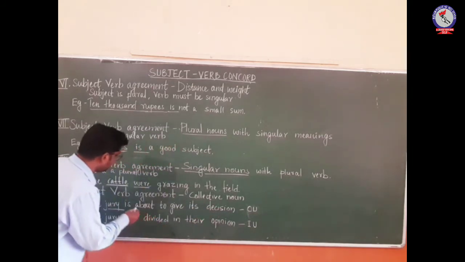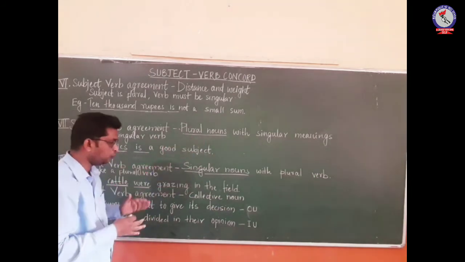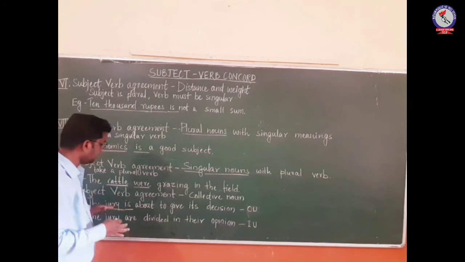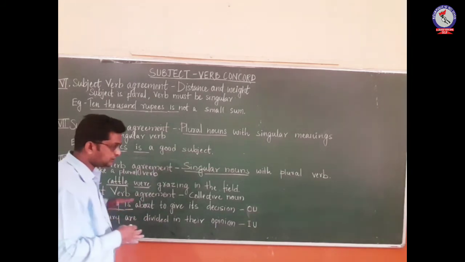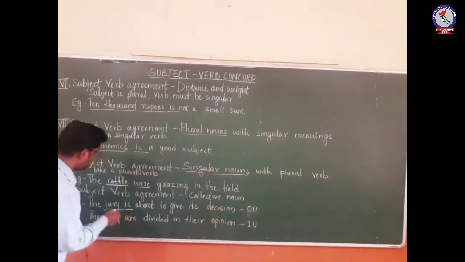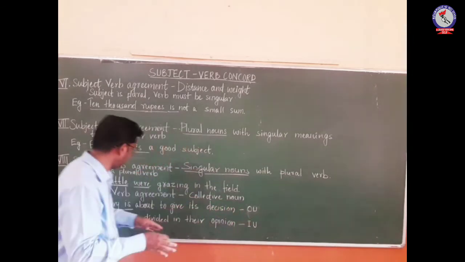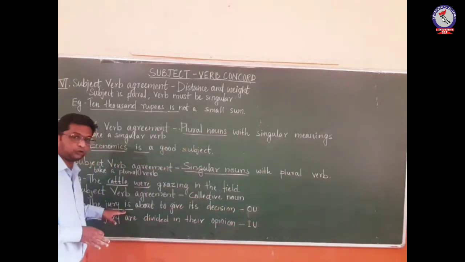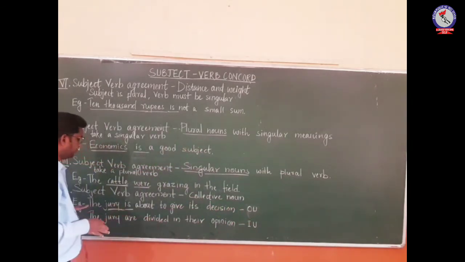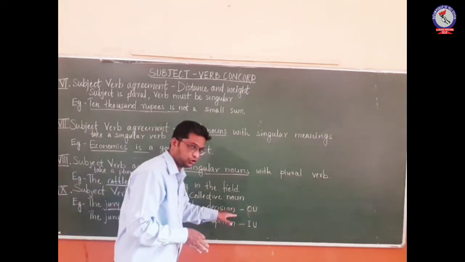We have used a singular verb. It will happen when this jury is considered to be one unit. When this jury is considered to be one unit, then we can make use of a singular verb. Therefore, the jury is about to give its decision.